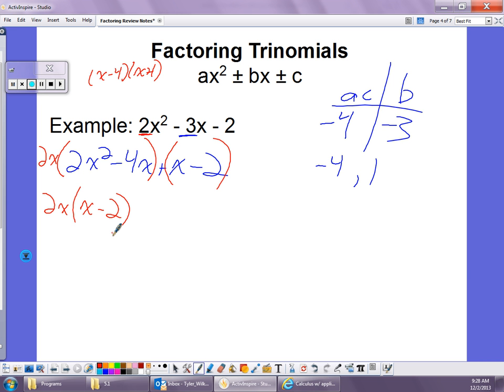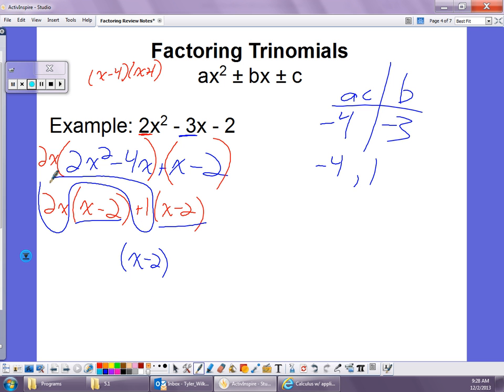What's the greatest common factor here? Is there anything? 1, right. You don't need to pull anything out because it's already x minus 2. It's already the same. So now here's the part that some people get confused with. You have x minus 2 and you have x minus 2. So that's one of your factors, x minus 2. And then the other factor is going to be 2x plus 1. Okay? 2x plus 1. All right, and that would be the answer if you were asked to factor. If you were asked to solve again, you would just set each of those separately equal to 0.